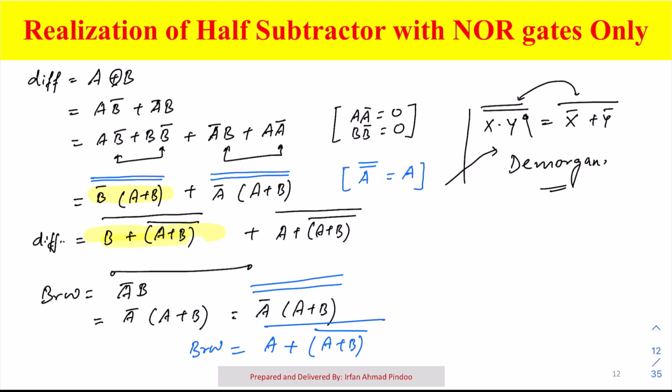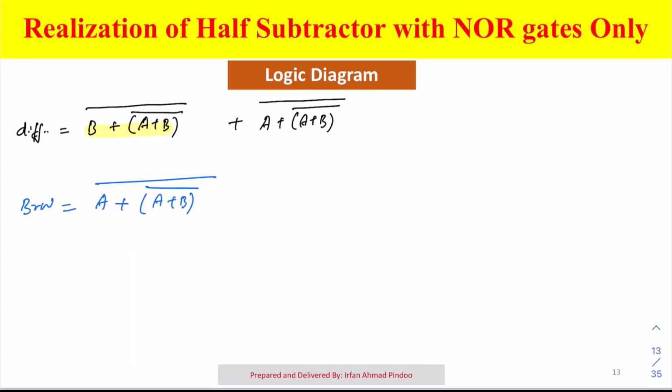Now we are ready for our logic diagram, because we have both the equations for difference and borrow. Let us make a logic diagram out of it. We will start with A plus B whole bar, and for that we need a NOR gate with two inputs A and B. So this output is A plus B with whole bar.